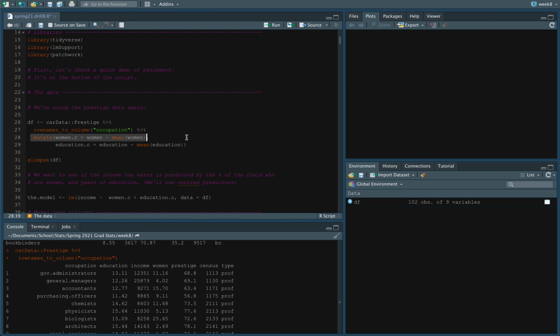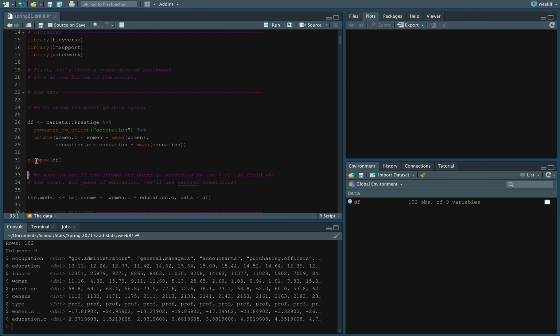And then finally, I'm going to put the horse before the cart and mean center both the women and education variables. As a reminder, in this data set we're looking at different occupations from the 70s in a Canadian census. I'm pretty sure it was a Canadian census.